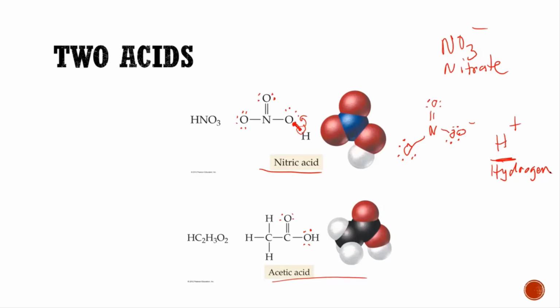So with acetic acid, it doesn't do it as well. And that's where we actually get, instead of a one-sided arrow... when you have nitric acid and you throw it in water, you'll see a one-sided arrow. And the reason why you see a one-sided arrow is this is a strong acid. And it dissociates 100%. If you throw in acetic acid, it's a weak acid. So what you see is the double arrow because it's in a state of equilibrium.